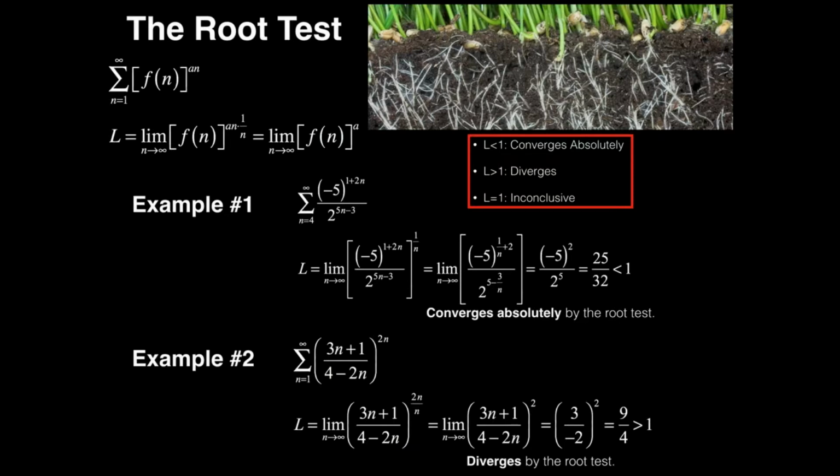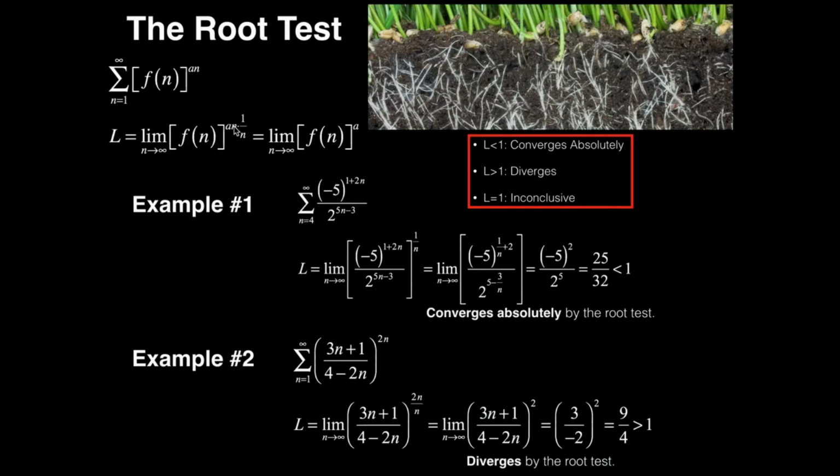What you do is you take the entire argument of the series and evaluate it as a limit as n goes to infinity. We usually call that L, just like in the ratio test. L is the limit as n goes to infinity of our function f of n raised to the an power.